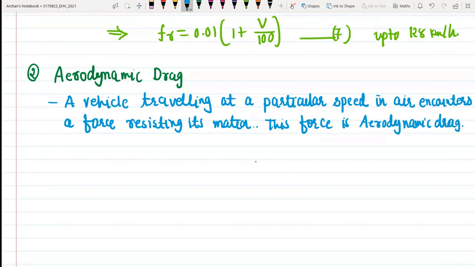Right, so it mainly results from two components: the shape drag and skin friction.